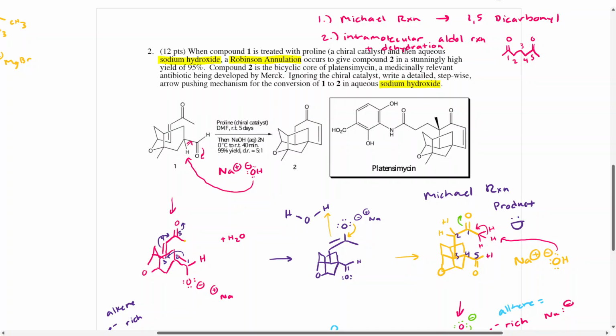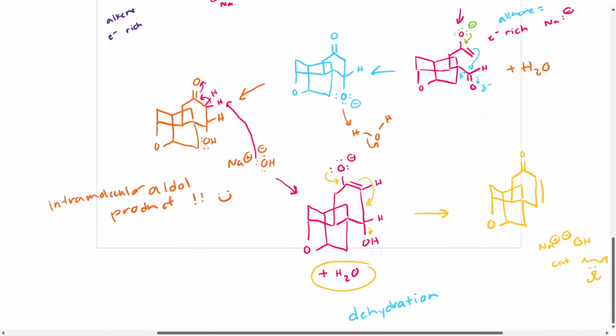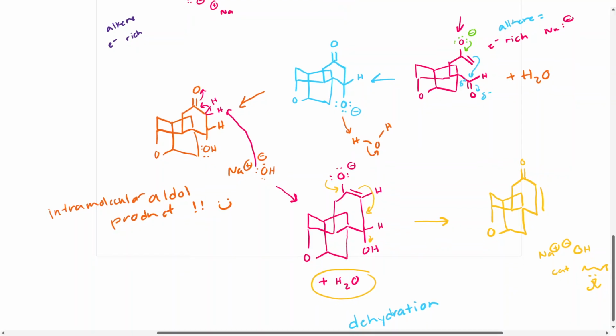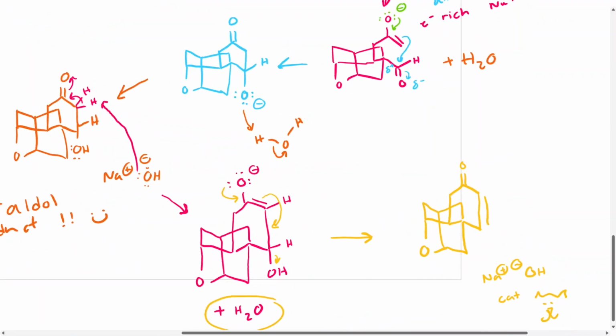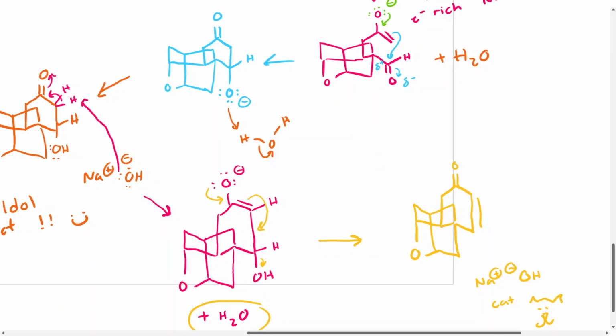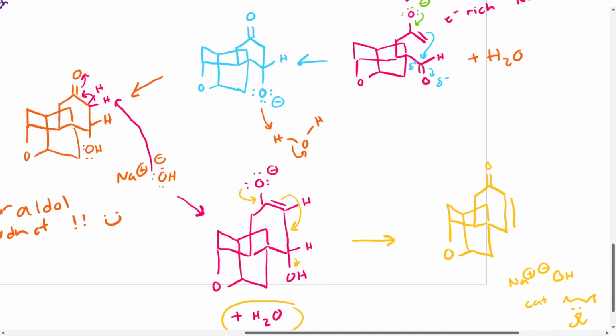So then you do your intramolecular aldol reaction, and then when you dehydrate the molecule, I think you have an alpha beta unsaturated carbonyl.